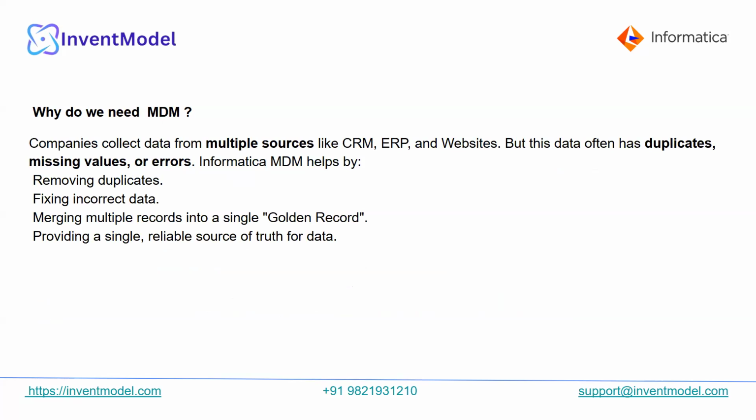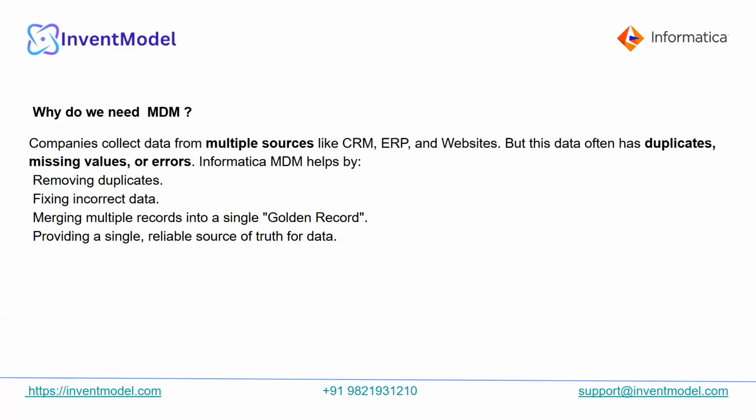It is a big question for all of us. So basically, suppose companies collect data from multiple sources like CRM, ERP, and websites. But this data often has duplicates, missing values, and some errors in the data.